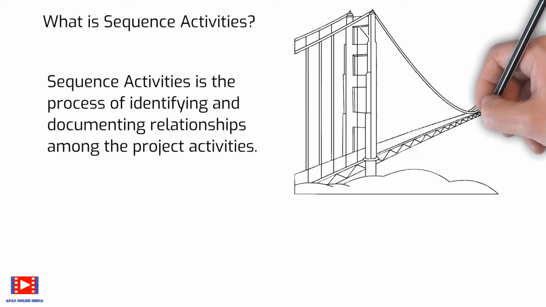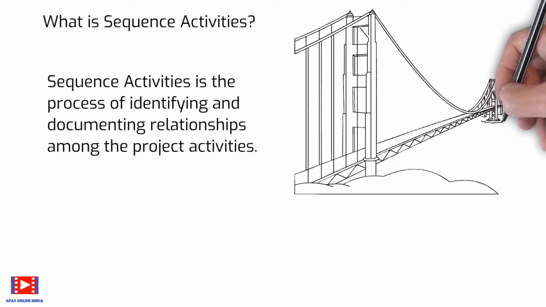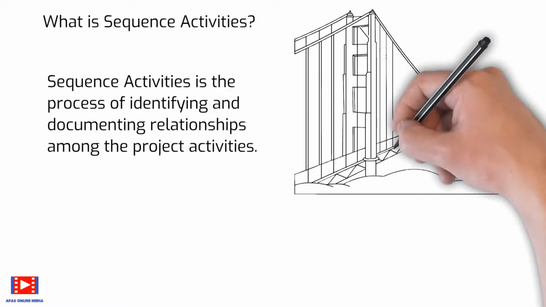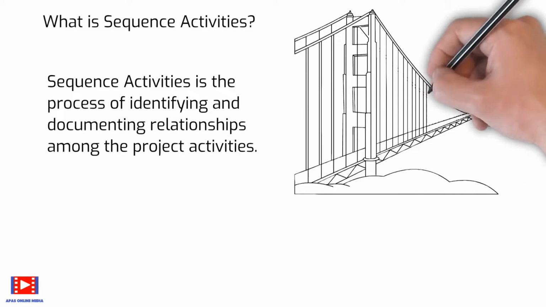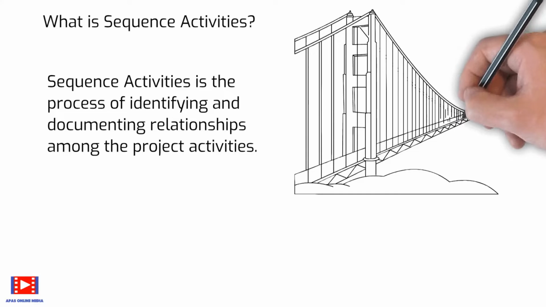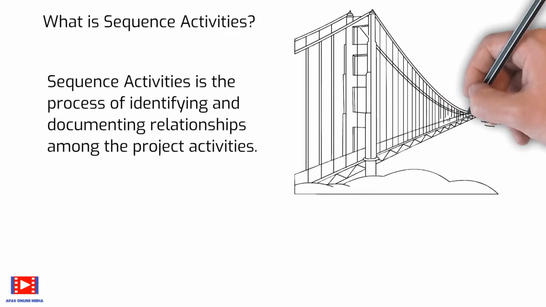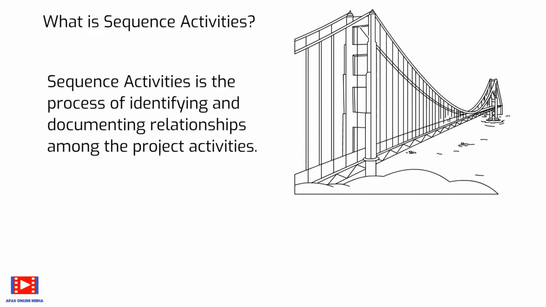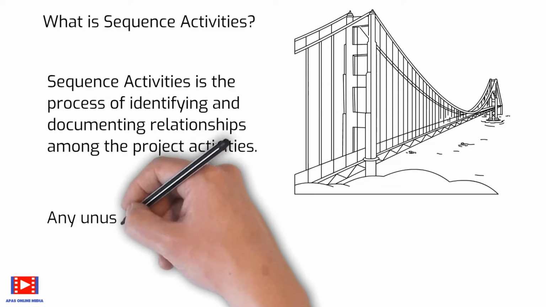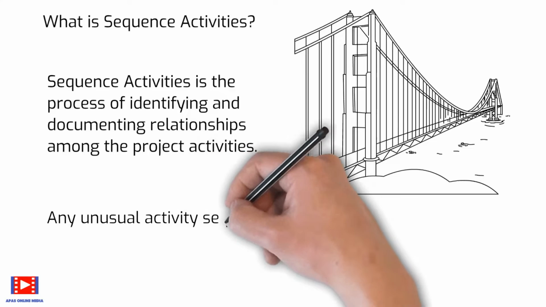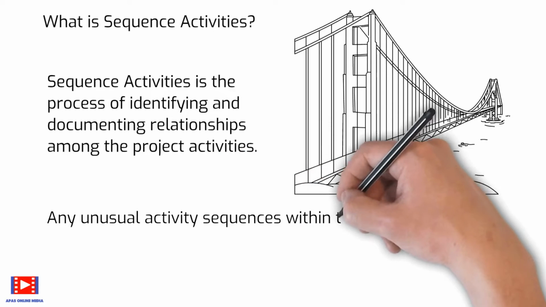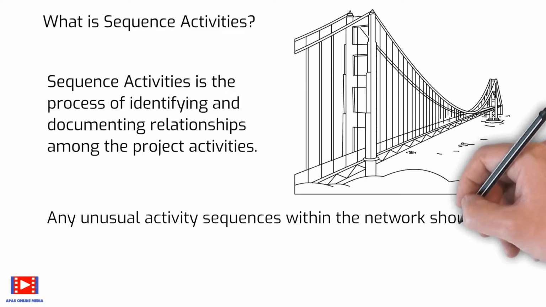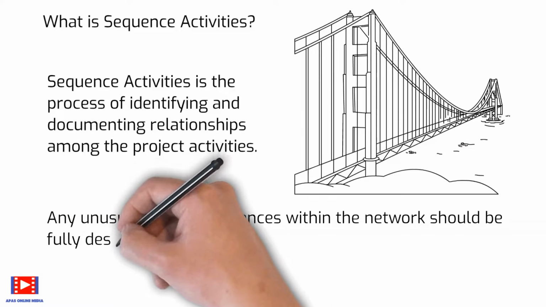It may be necessary to use lead or lag time between activities to support a realistic and achievable project schedule. Now, sequencing can be performed by using project management software or by using manual or automated techniques. Any unusual activity sequences within the network should be fully described within the narrative.